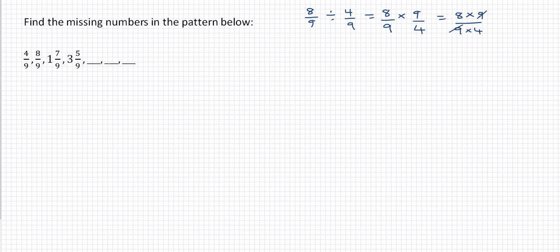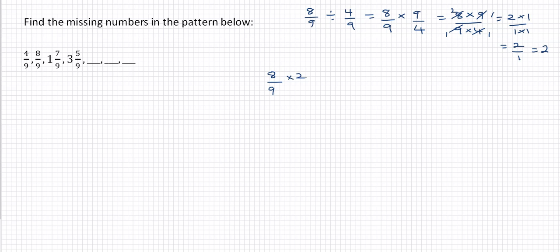So this 9 crosses out. 4 divided by 4, 1, 8 divided by 4 is 2. So this is 2 multiplied by 1 over 1 multiplied by 1, which is equal to 2/1, which gives you 2.